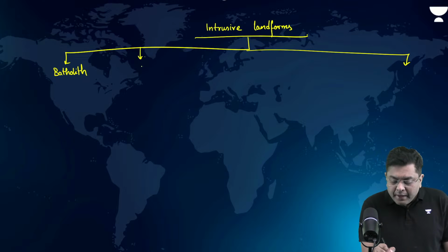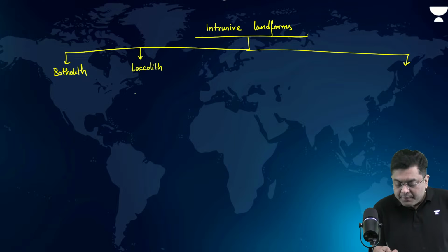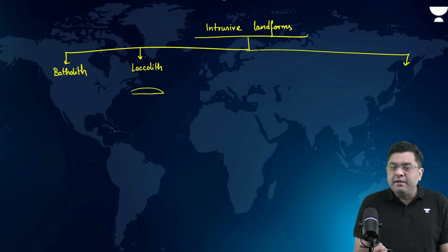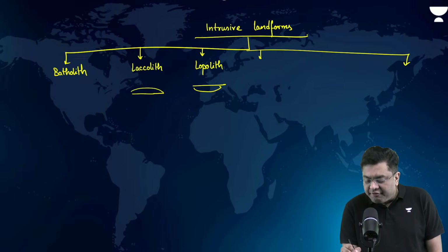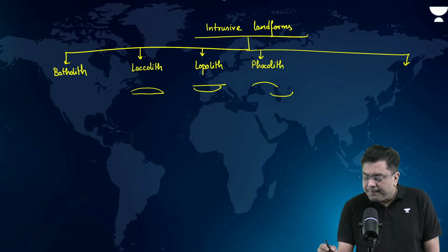Then you have the laccolith, flat base and curvilinear top. Then you have lopolith, flat top, curvilinear base. Then you have faccolith, a kind of topsy-turvy shape.